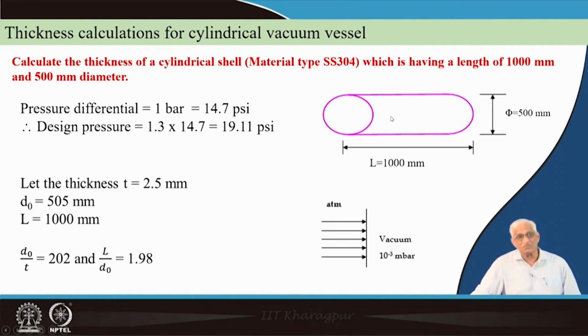Before that, we have to decide which material we are going to talk about. Here I am going to take SS304, which is very popular in vacuum technology. You can use mild steel, you can use other materials, aluminum, etc., in very specialized situations, or whenever your budget is not allowing you to purchase a very high quality stainless steel. But when it comes to 10 power minus 10 torr, budget is not the problem.